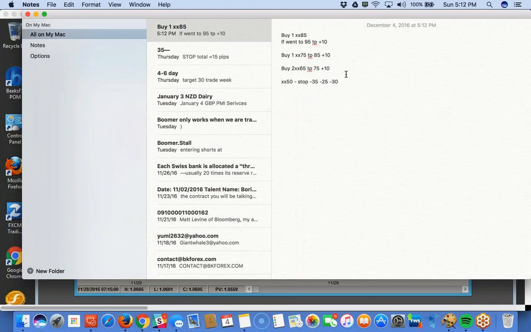Altogether, we lost minus, what is that, 90? 35 plus 25 plus 30 is minus 90, right? Okay. So the overall structure was max win 10, max loss 90, right?